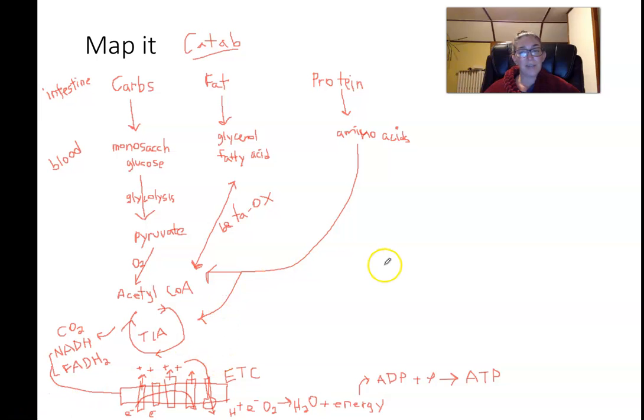I don't know how to change my pen color in this tool, okay? But if I could, I would draw a different color of reactions where we are synthesizing things. So synthesizing amino acids, synthesizing proteins, all right? Synthesizing carbohydrates, complex carbohydrates, polysaccharides from monosaccharides. Those would be anabolic reactions.